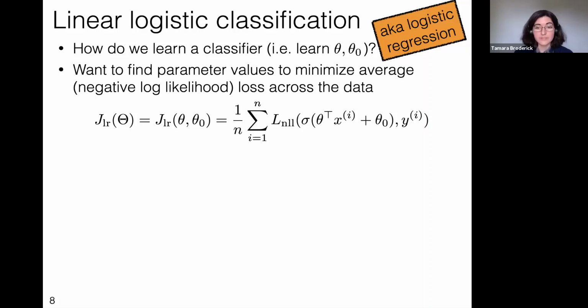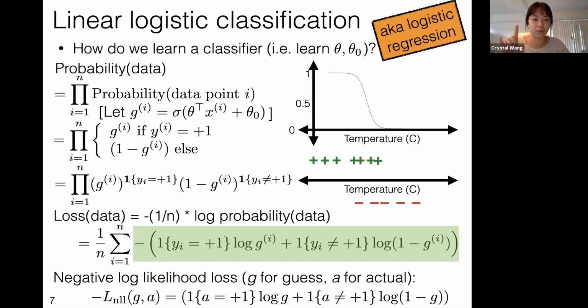Oh, there's a question. Yes, going back to the last slide, when we were looking at the objective, why do we multiply all of the data points together to learn the classifier, the probability? Yeah, so great. If I understand the question correctly, it's about the first line here: why is the probability of the data equal to the product of the probability of the individual data points?